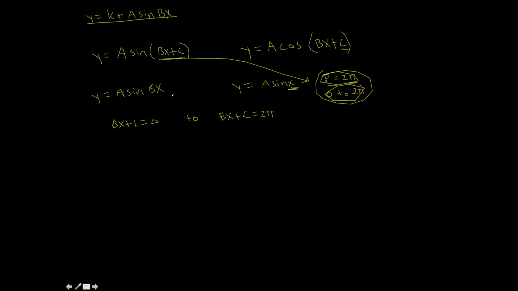Now solve each one of these for x, and we get x equals negative c over b, and x equals negative c over b plus 2 pi over b.